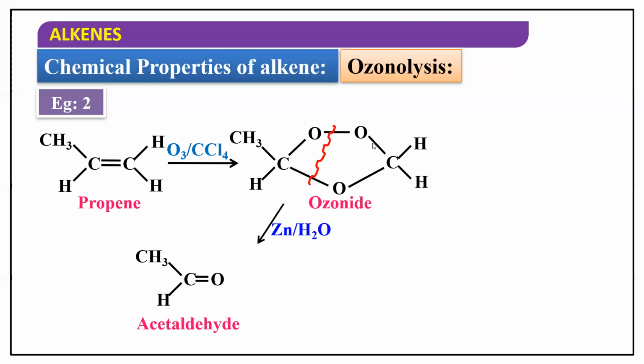In the previous case, you got formaldehyde because you did not have CH3 as one of the groups, whereas here CH3 is one of the substituents. So therefore, I get acetaldehyde. And the second one will be formaldehyde plus zinc oxide. So this is ozonolysis of propene.